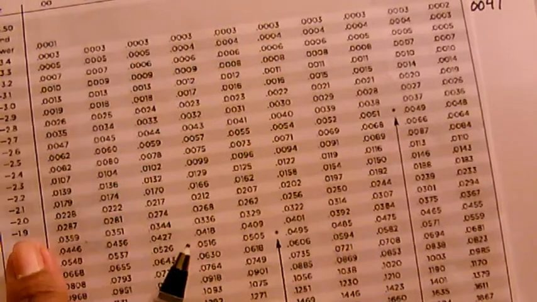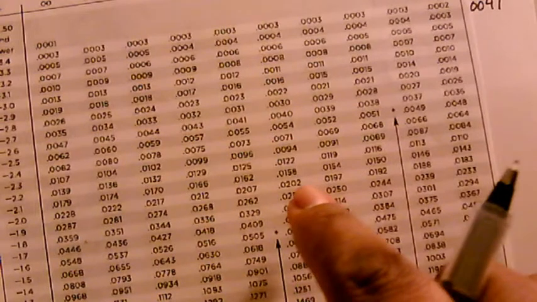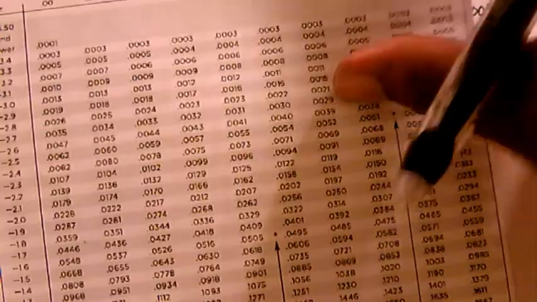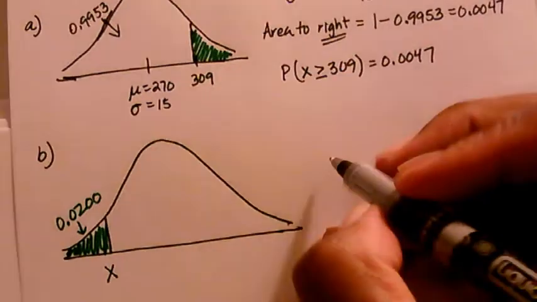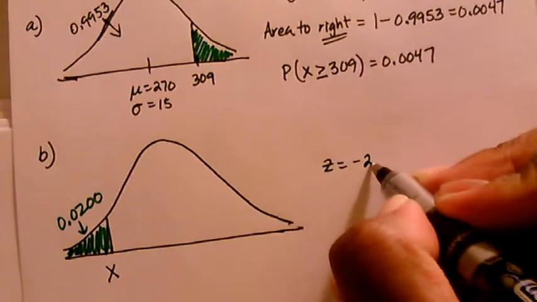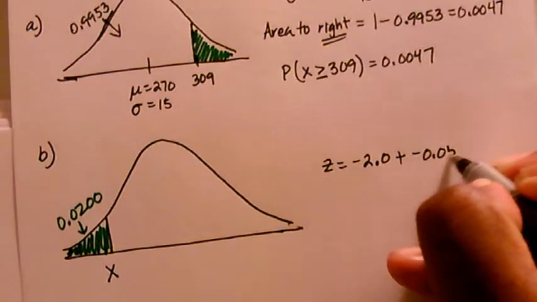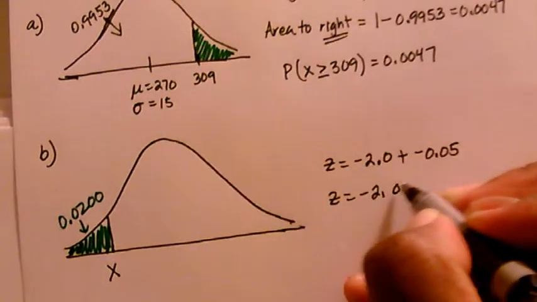The row will be negative 2.0 and the column there will be 0.05. So it'll be negative 2.05. So that's going to be your z value. You can write this as negative 2.0 plus negative 0.05, and that's your z value, negative 2.05.